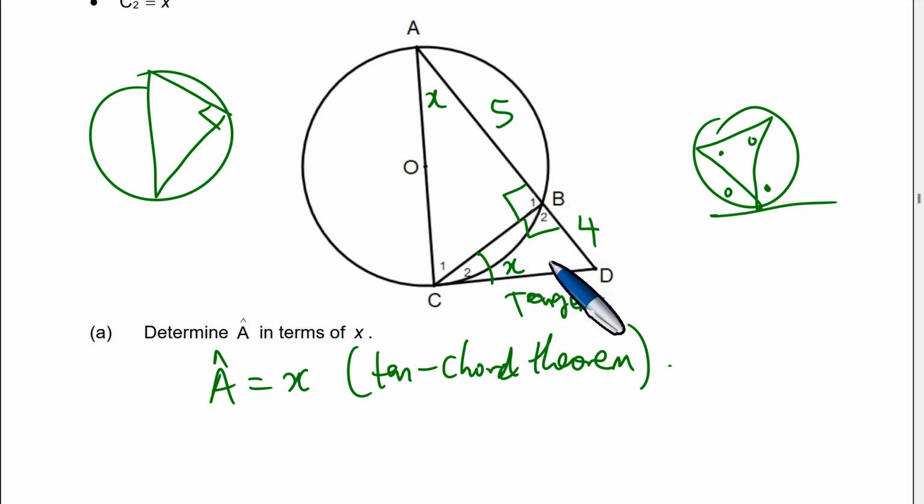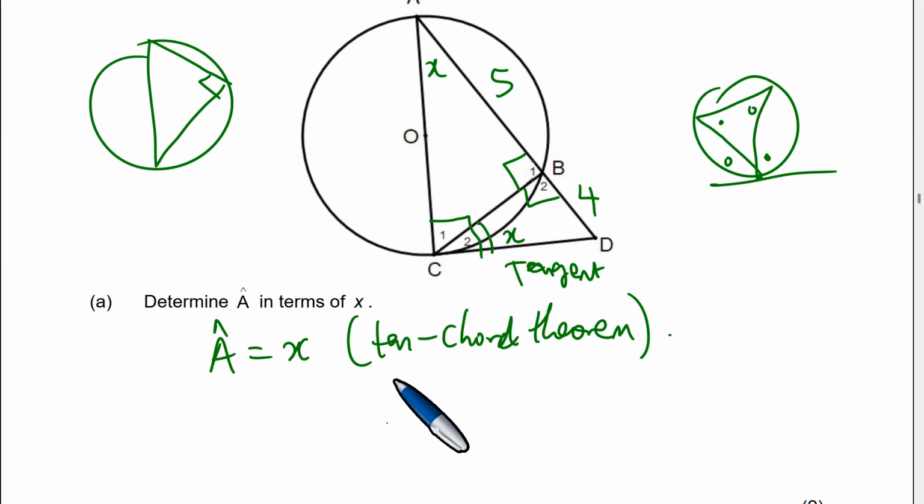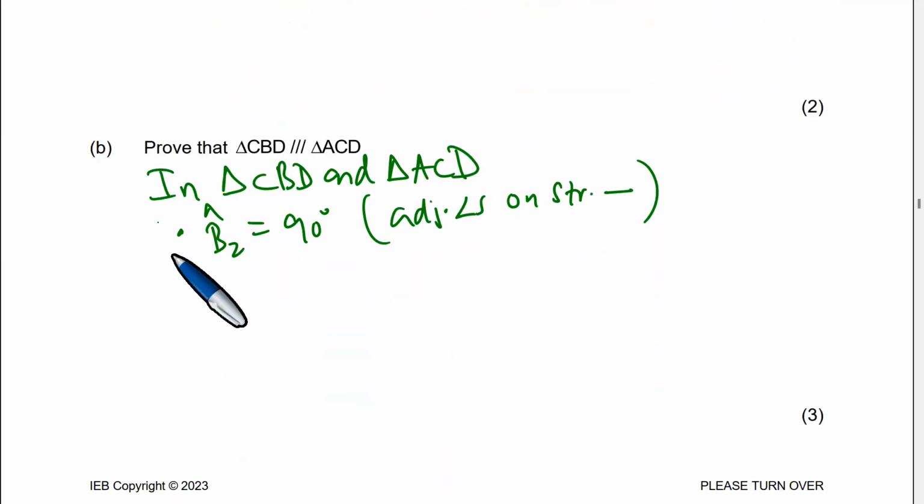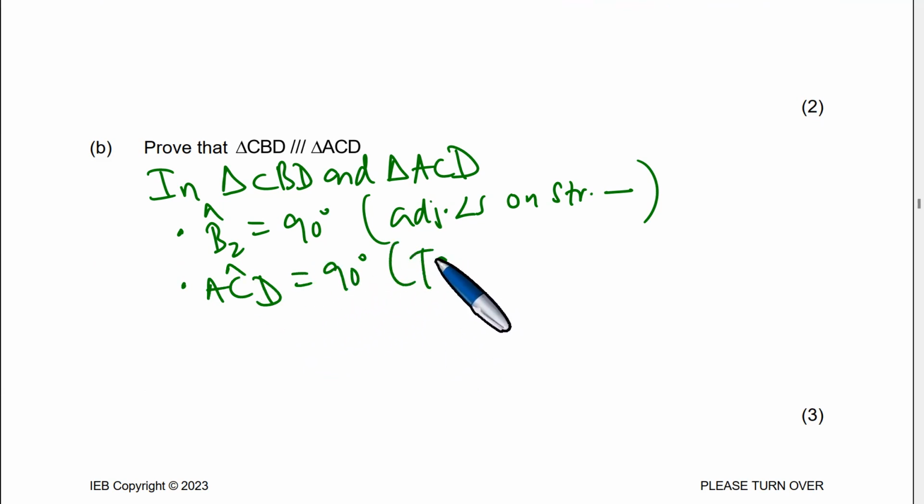But also it is clear that angle ACD is equal to 90 degrees as well, because a tangent is perpendicular to a radius.